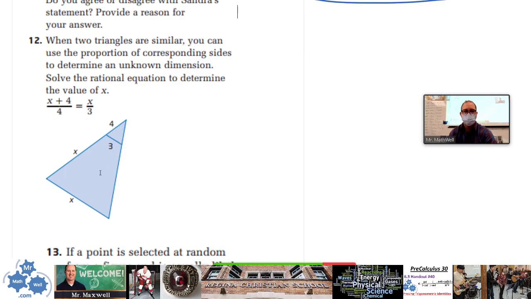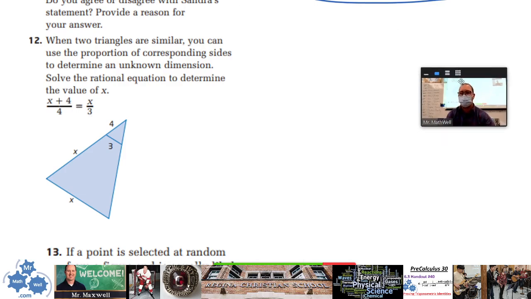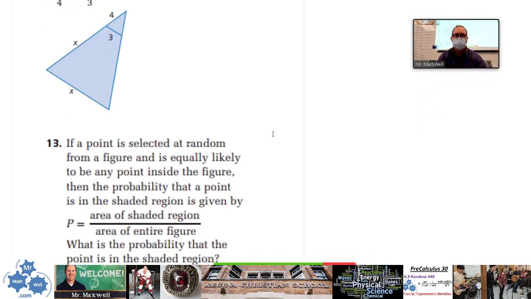Similarly, the long side of x is proportional to this side of the 3. So it equals x over 3. So we've got x plus 4 over 4 equals x over 3. And you can set up a proportion like that and simply cross multiply, divide, gather like terms, solve for x. So just know that you may have to do that on the test.